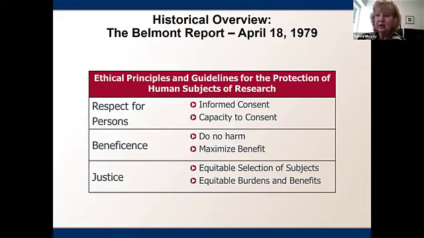So if you only want males in your study, you have to justify why you cannot have females. If you go after a marginal, vulnerable population, you're going to have to justify and rationalize why the study would only pertain to those individuals.